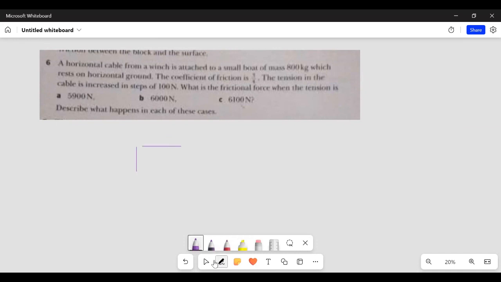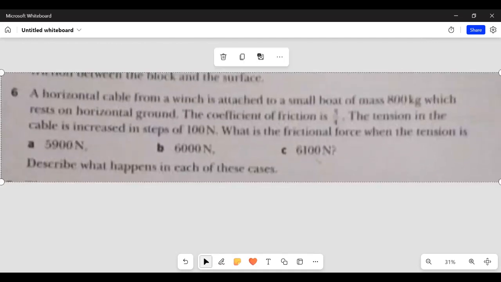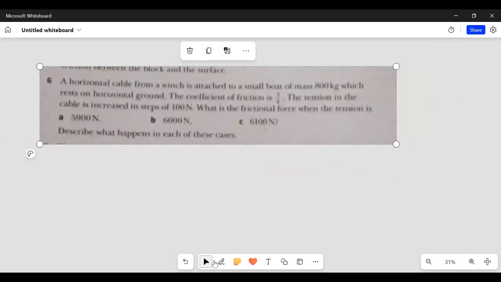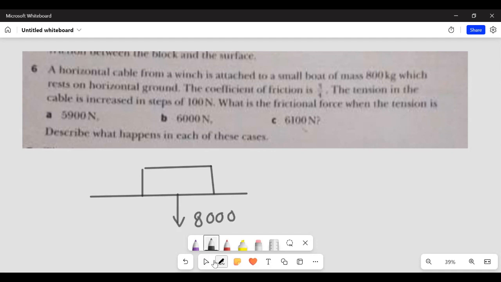So here's a boat. 800 kg means 8,000 newtons is the weight, which rests on a horizontal ground. The coefficient of friction is 3/4.